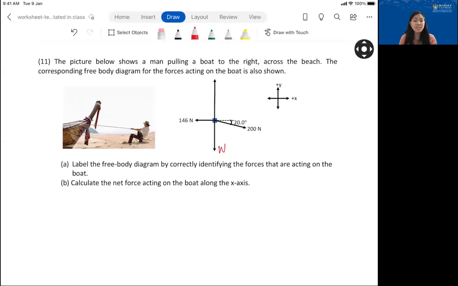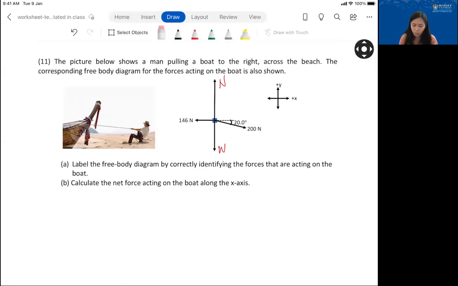It's the easiest force that you can draw on a free body diagram. Anything that has mass has weight, and it's always directed downwards. What's this force that's vertically upwards? Yes, normal or support force. It's the normal force vertically upwards.